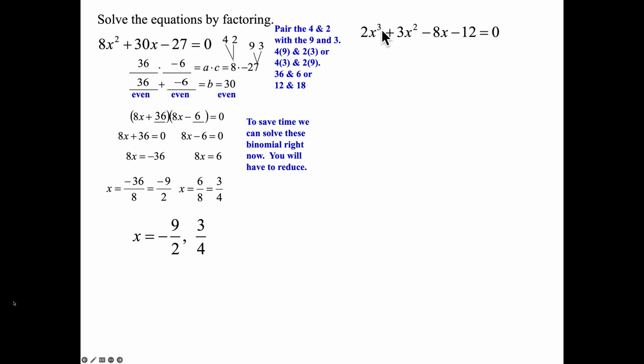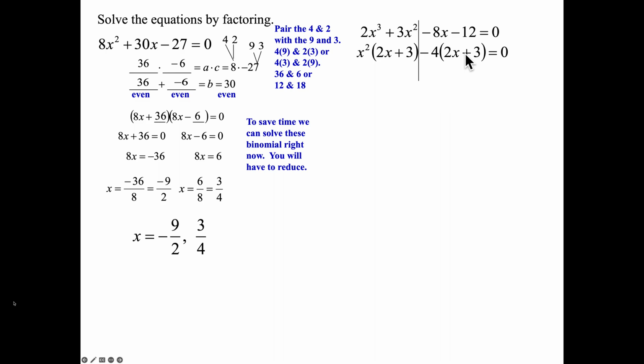All right, so here we have x to the third, which means we're going to have three possible answers. Remember, x squared, two answers. X cubed, 3. 1, 2, 3, 4 terms. I don't see a GCF, so we're cutting this in half. GCF of the left side is an x squared with a 2x plus 3. That means this 2x plus 3 must be over here on the right.